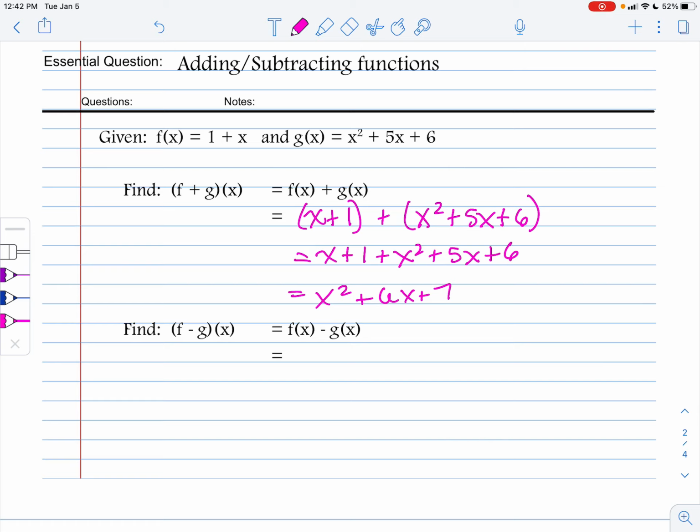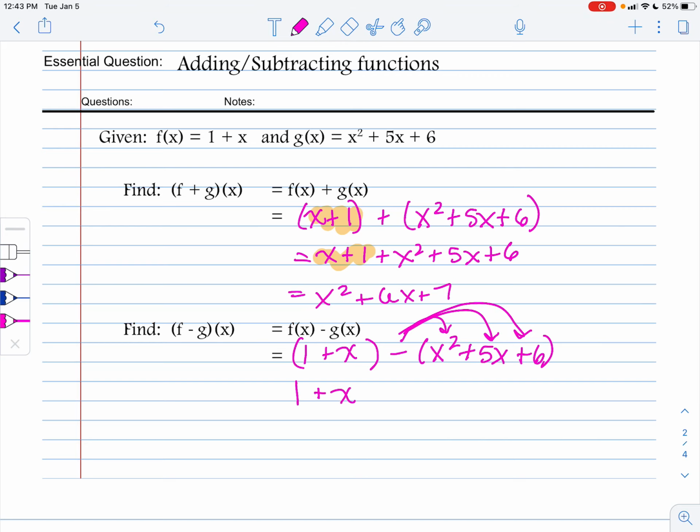I need to take f of x, which is my 1 plus x. I cannot believe I wrote this wrong right here. Was anybody going to tell me? Oof. 1 plus x in parentheses, and then subtract. This is why I put it in parentheses, because I need to make sure that I subtract each term by distributing that negative 1.